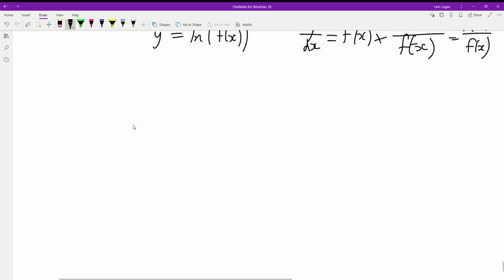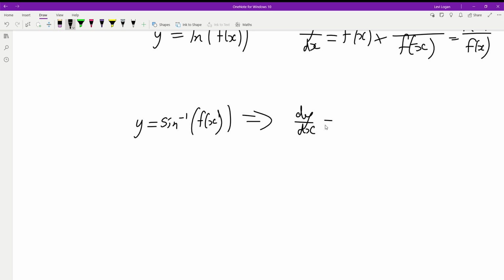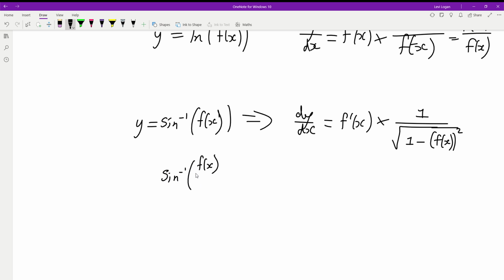If we have y equals sine inverse of f of x, differentiate the inside, so dy dx is equal to f dash of x times by 1 over the square root of 1 minus f of x, all squared in there. Okay? Now, in this case here, we had pretty much a very simple scenario. So in this case, if you imagine, we have this scenario here, f of x on a.